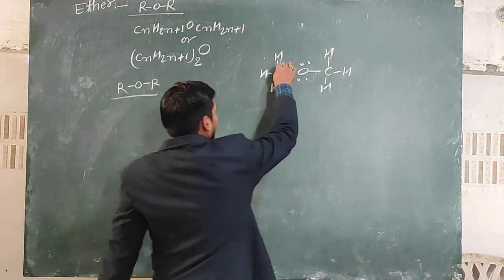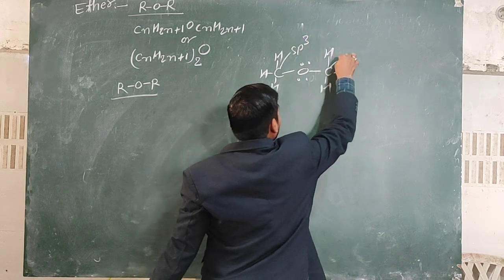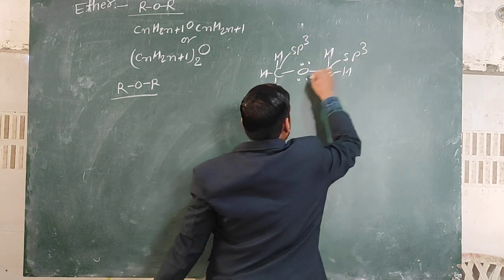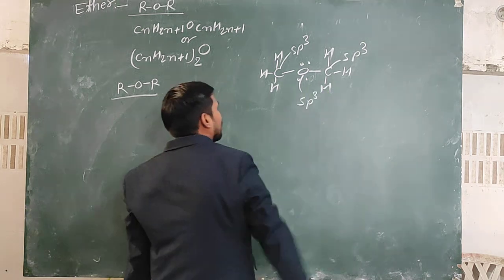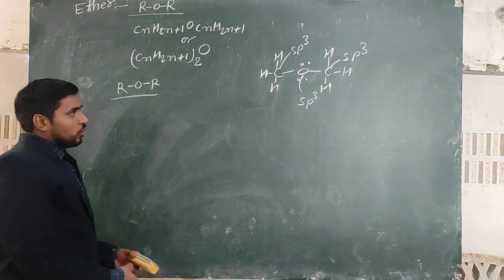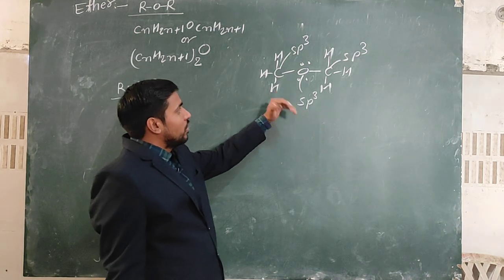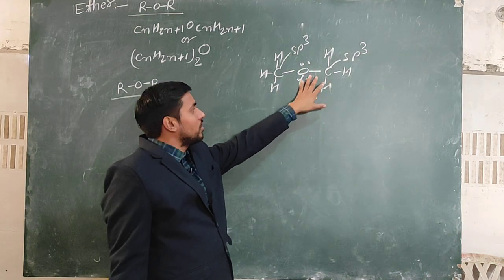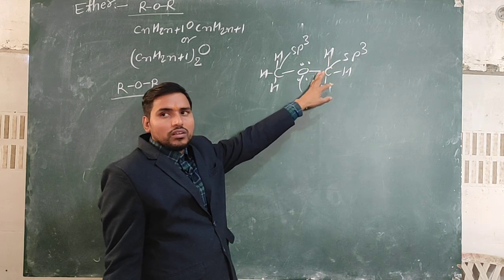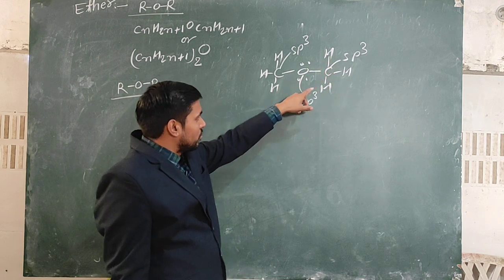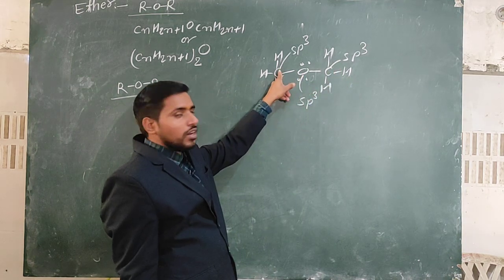And here both carbons contain sp3 hybridization and oxygen also contains sp3 hybridization. In your examination one question arises from here, what type of hybridization appears in ether, in the carbon atom and the oxygen atom.